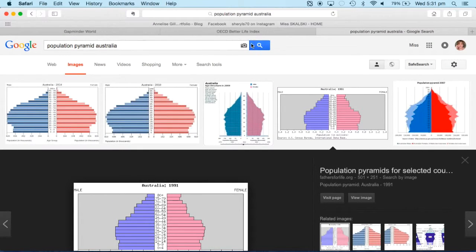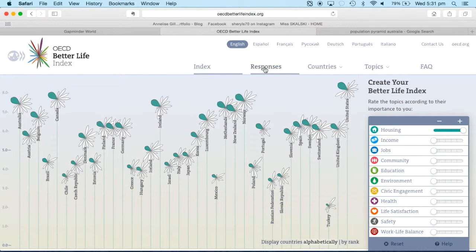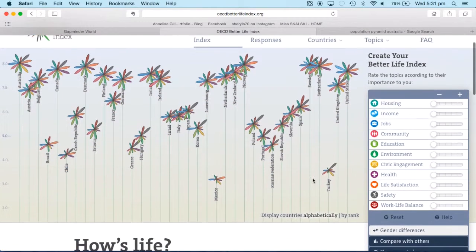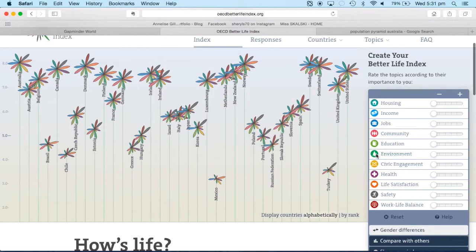Okay, the next thing that we can look at are the environmental concerns. So there's a couple of ways that we can do that. The Better Life Index, which we haven't used yet, is probably, I'll just reset that, is probably the best one to use for this, and this will give you an overall view about how people view the environment.